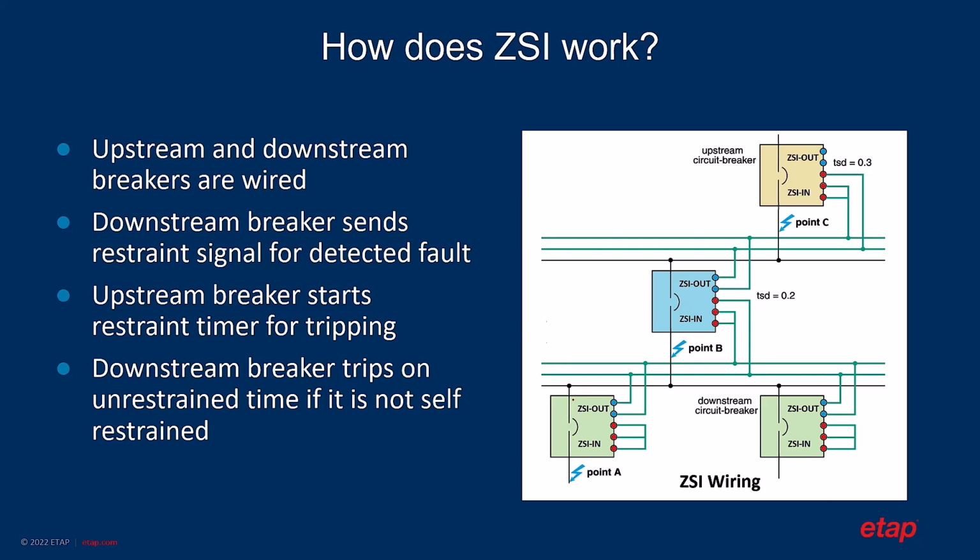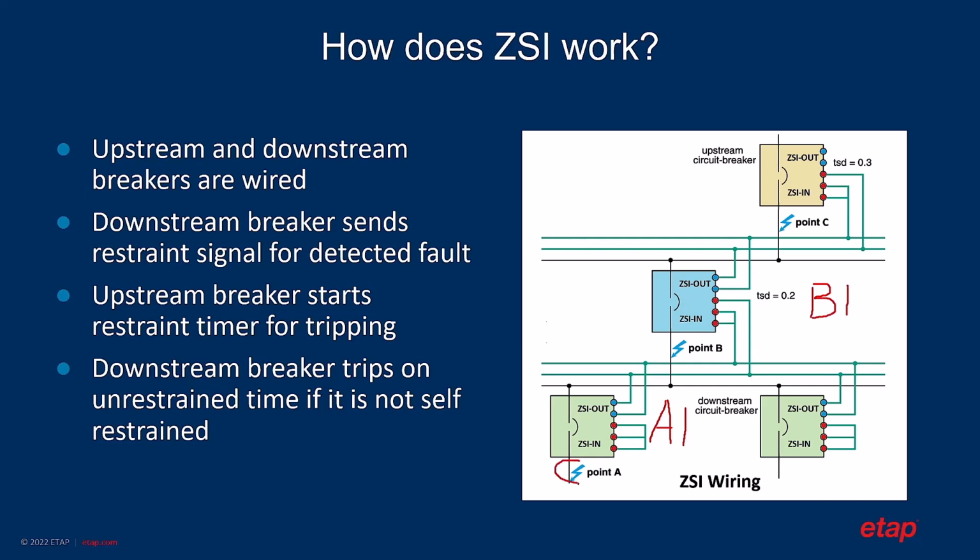Let's take a look at how it works on this ZSI wiring scheme. We have a green breaker, let's say this is A1. And we have an upstream breaker, the blue breaker, which is B1.